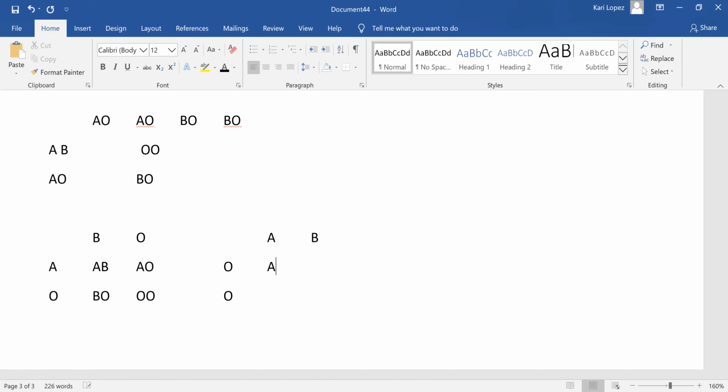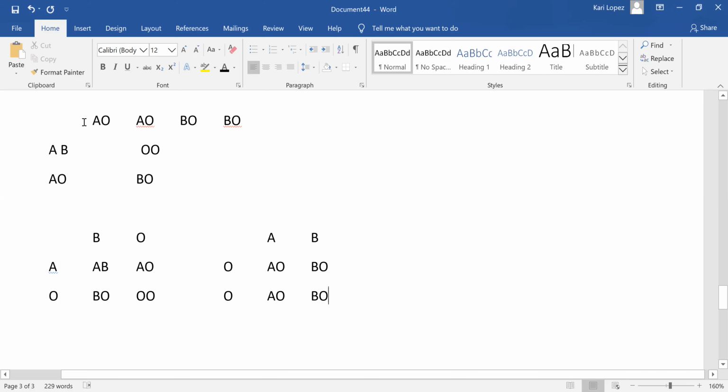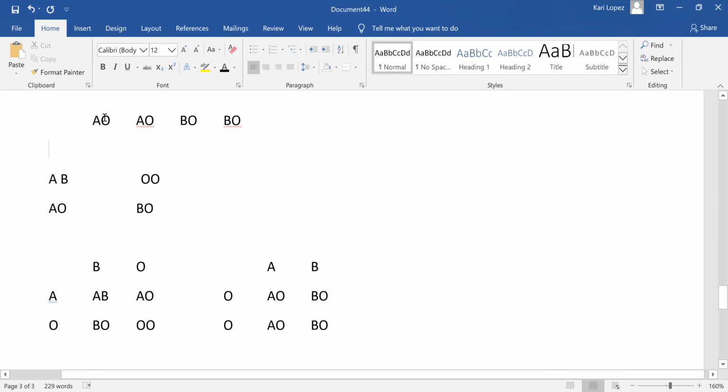Let me do it out for you so you can see it a little easier. So let's say they're asking if you can have an AO and a BO children, then these are the two possibilities for their parents to have.